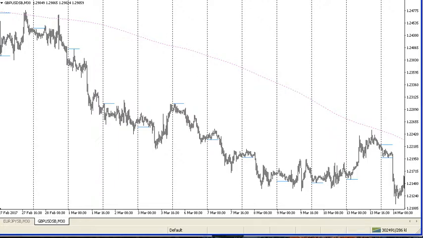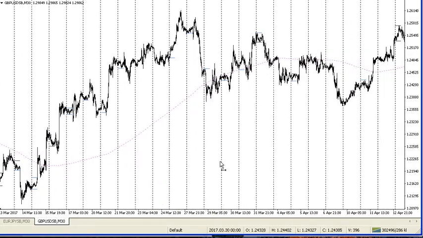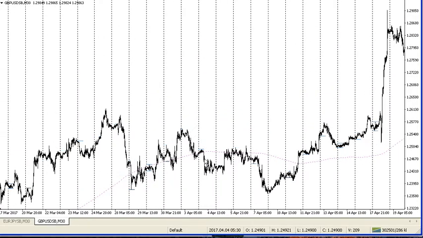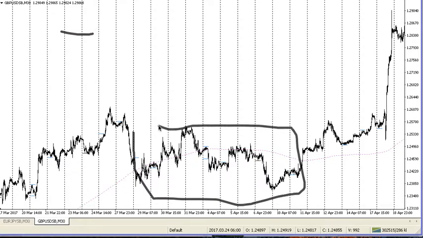And what would you expect from this? Well, you're going to expect a lot of periods like this, where you would be taking a lot of consecutive losers.